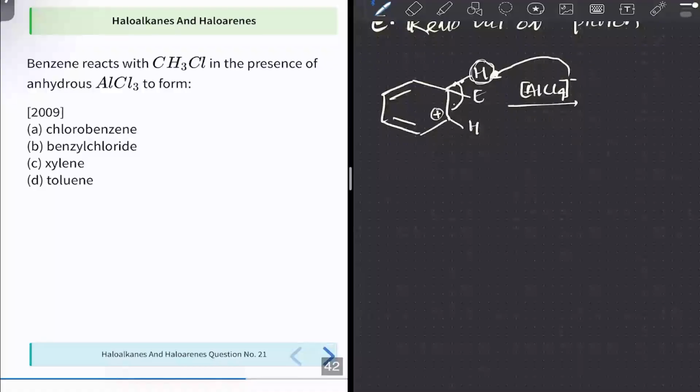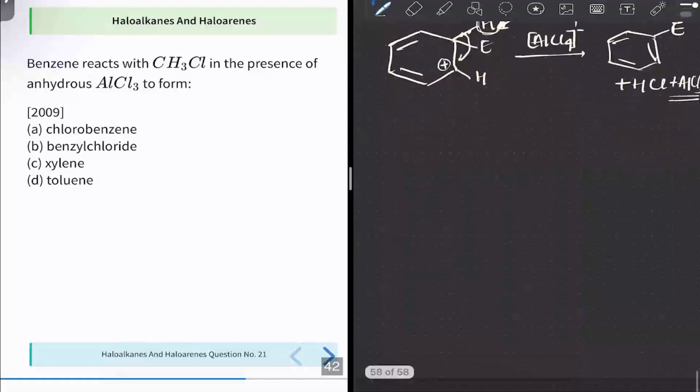This electron will then attack here to form a double bond. So the final product will be this, plus HCl plus AlCl3.